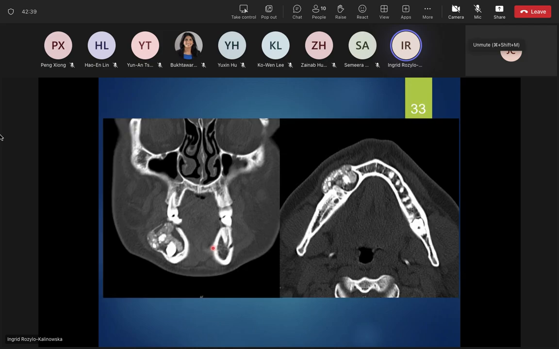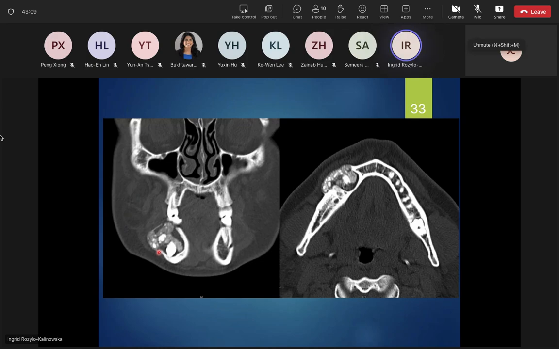And this is a medical CT obtained in this patient, so it demonstrates in a very straightforward way the calcifications inside the tumor. They are kind of amorphous, and the tumor also produces large expansion of the bone of the mandible in the buccal lingual direction.